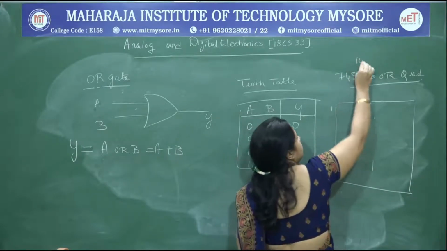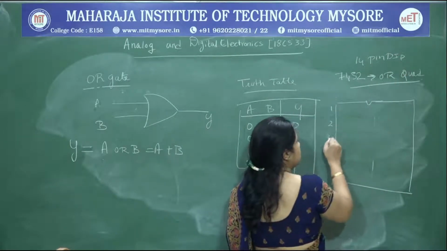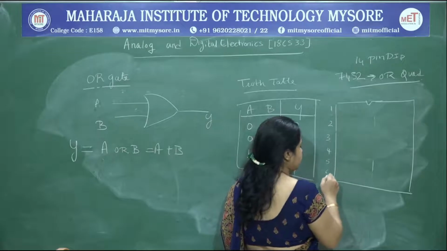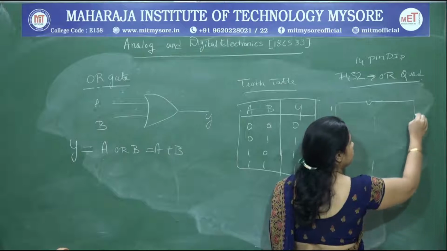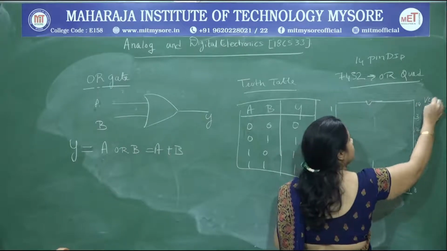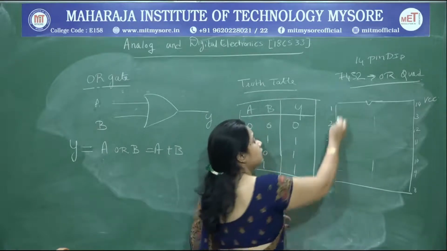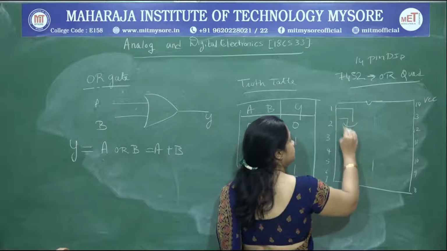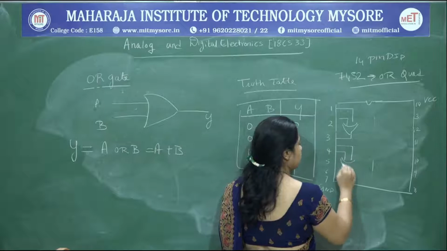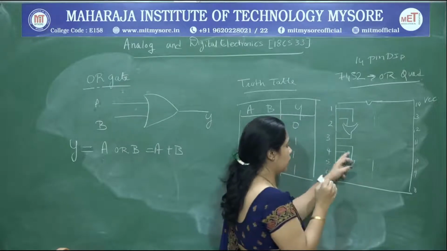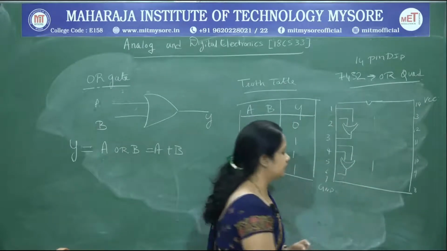Again this is a 14 pin dual in line package, 1 2 3 4 5 6 7 8 9 10 11 12 13 14. 14 is always VCC and 7 is ground, and because this is a 2 input OR gate, 1 2 are the inputs, 3 is the output, and 4 5 are the inputs, 6 is the output. And as I said, all gates are facing downwards.